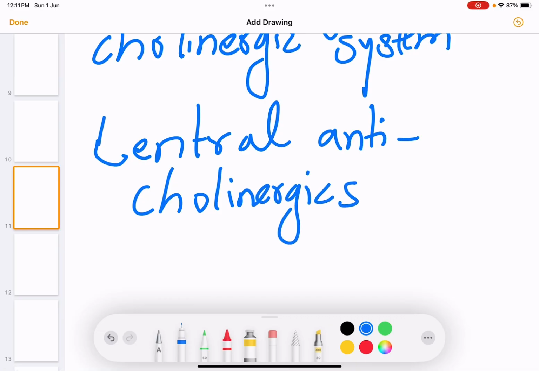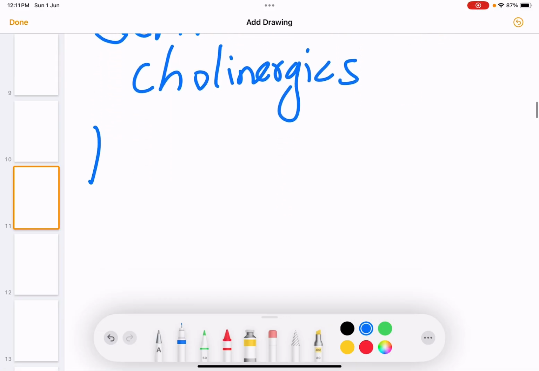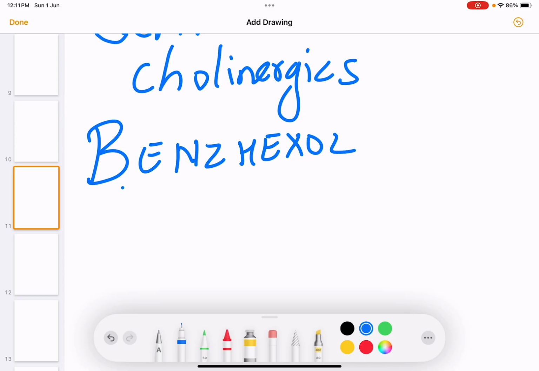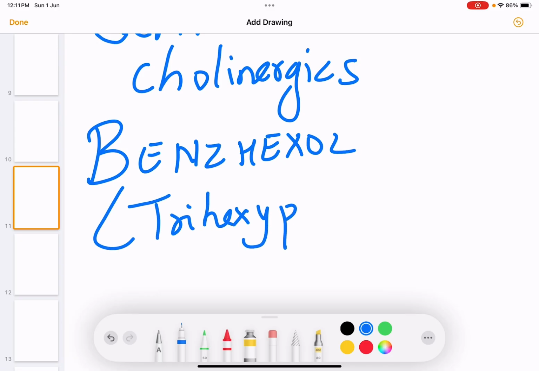Among central anticholinergic drugs we have benzhexol, which is also known as trihexyphenidyl.